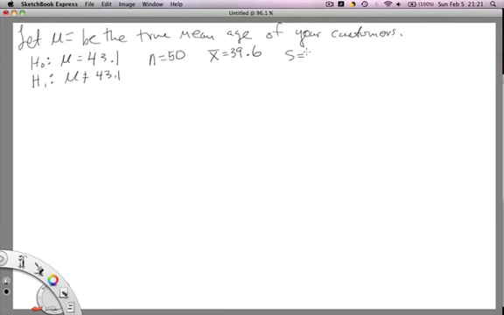So S is 16.2 years. Now remember, you always want to find the standard error. You're going to need it. So let's go do that. S sub x bar is going to be 16.2 divided by the square root of 50 in this case. And that works out to be 2.291.